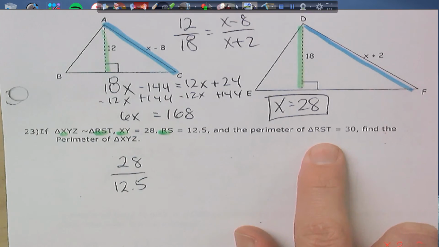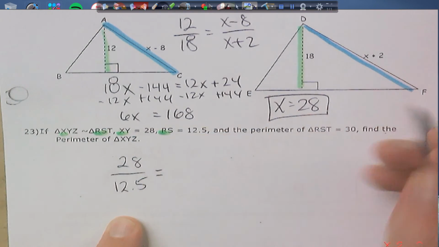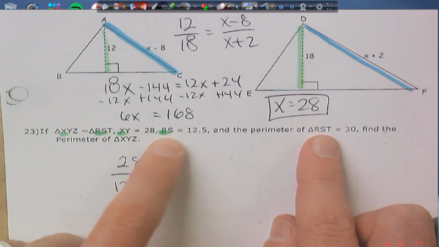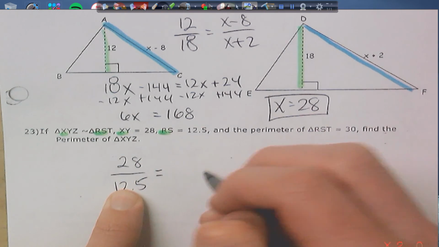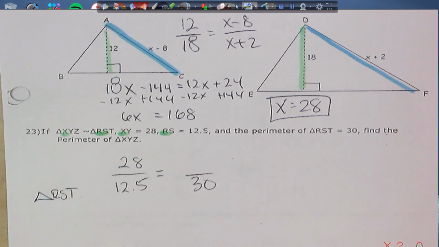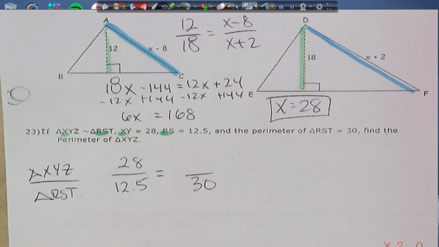The perimeter of RST is 30. Find the perimeter of the other one. Okay. Well, which one was RST? RST was RS, the bottom one, so I want to put RST on the bottom. So anything to do with RST goes on the bottom, whereas anything to do with XYZ goes on top. So again, keeping it consistent. I don't know what this is.